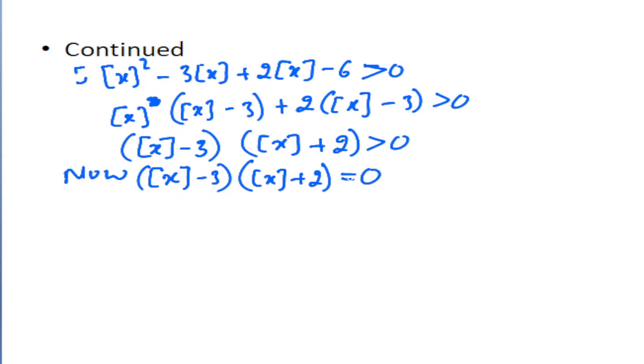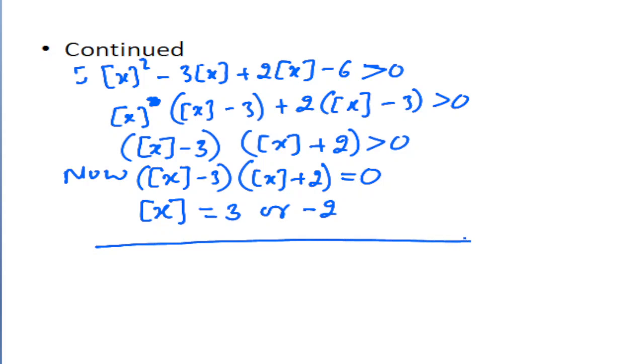We'll make it an equation. We will find the critical points, that means values of x making it equal to 0. The greatest integer function x is equal to 3 or minus 2. Now put it on the number line, friends. Let us verify.